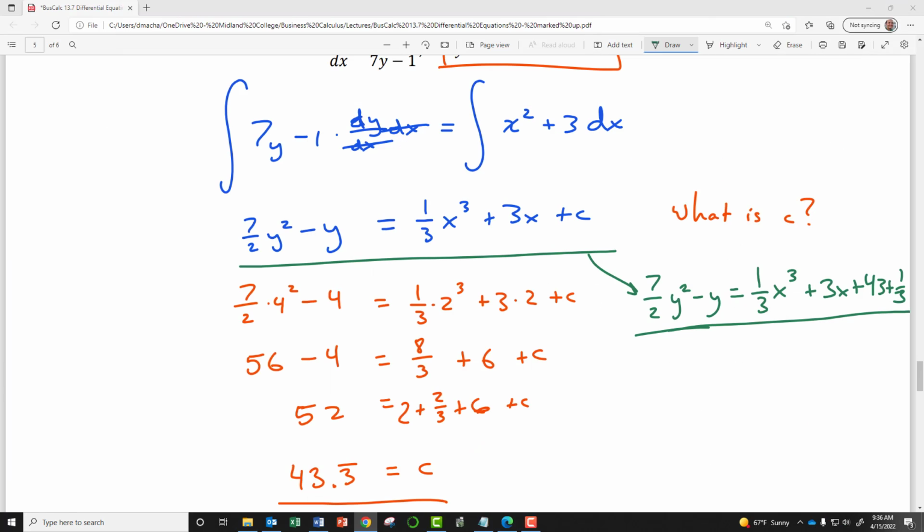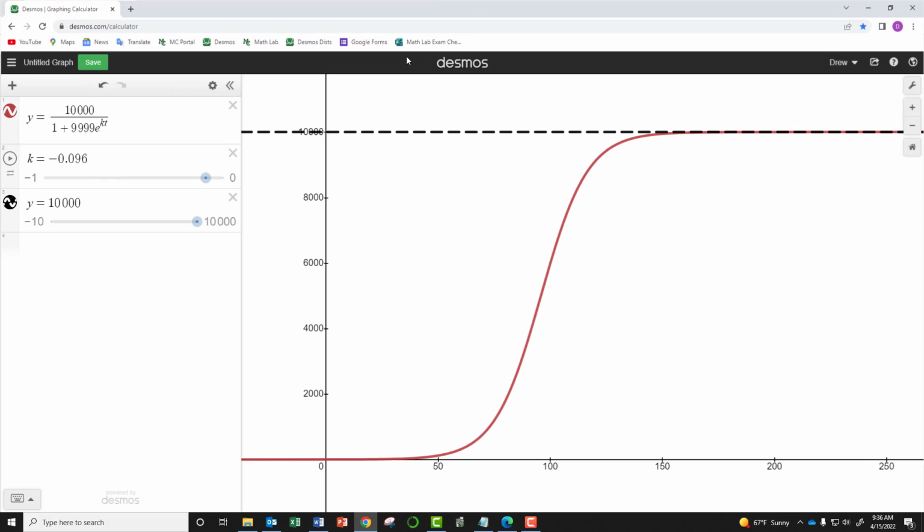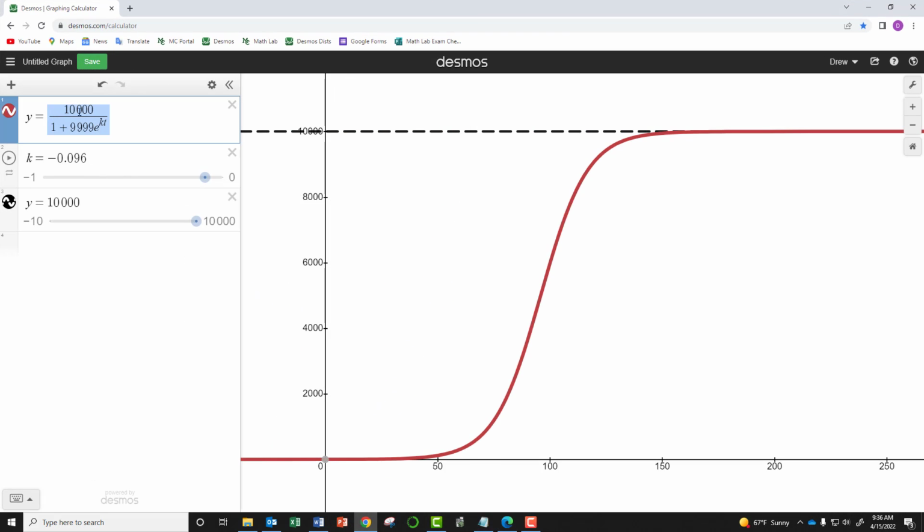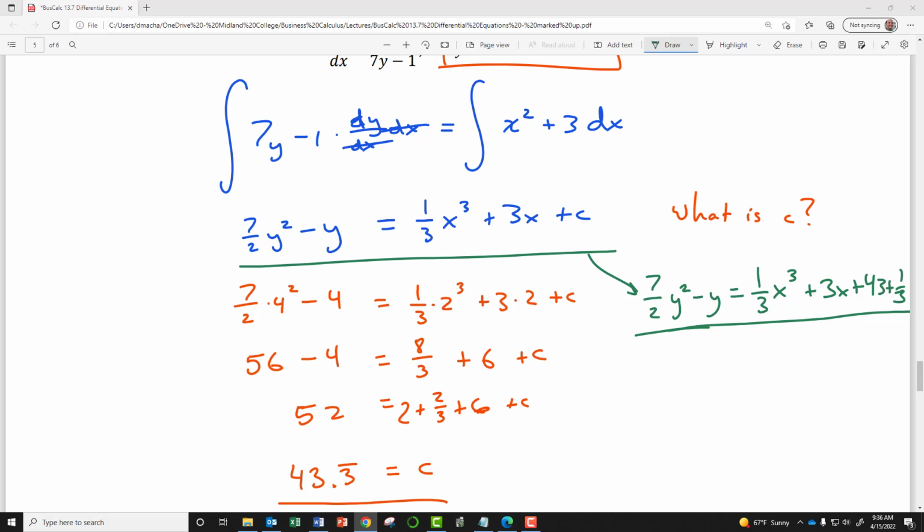I had a feeling, based on looking at that last line in blue, that it wasn't going to solve neatly as a function explicitly in terms of y. You can try it yourself if you want to, but I'm not going to waste time in this video. That's already getting pretty long. And so what we're going to have, if I put this in Desmos, is 7/2 y squared minus y is equal to 1/3 x cubed plus 3x plus c.